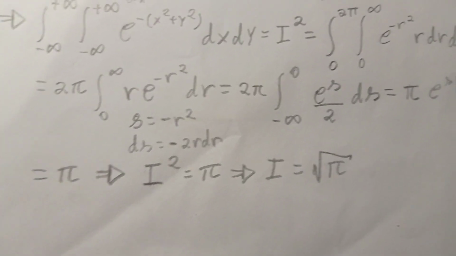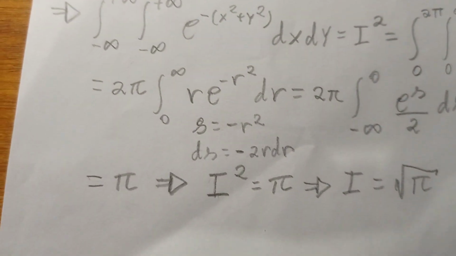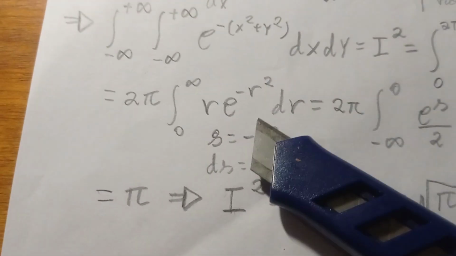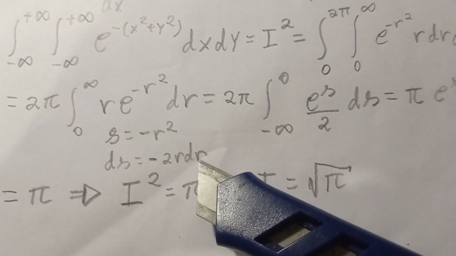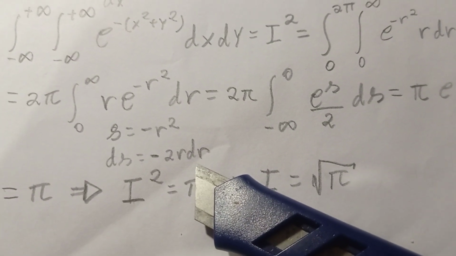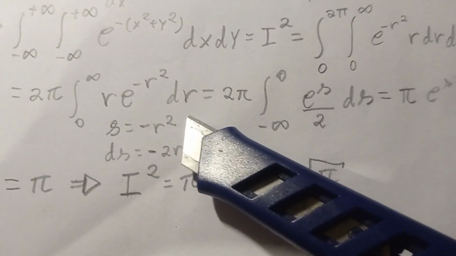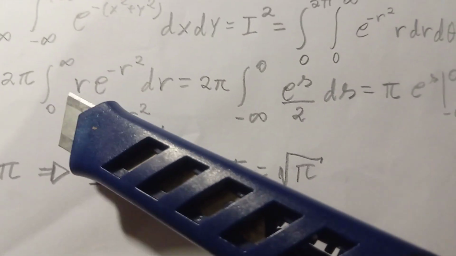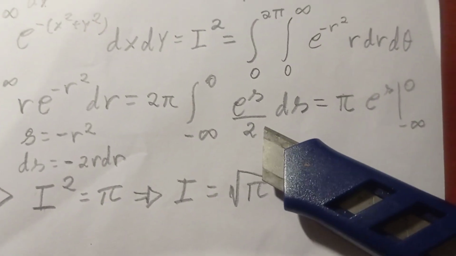And after obtaining this 2 pi factor, we have this integral that can be solved via this variable transformation. Everything's here except the 2, so we put 2 above and below a fraction.